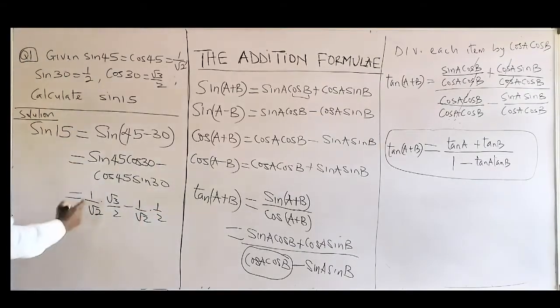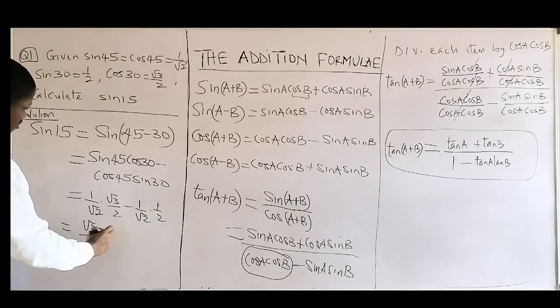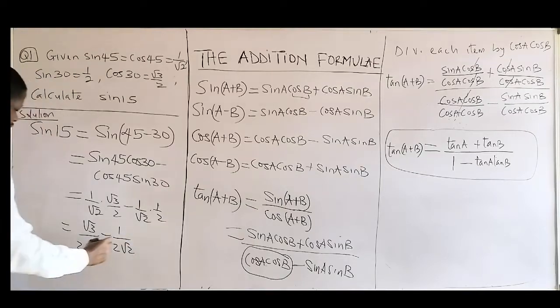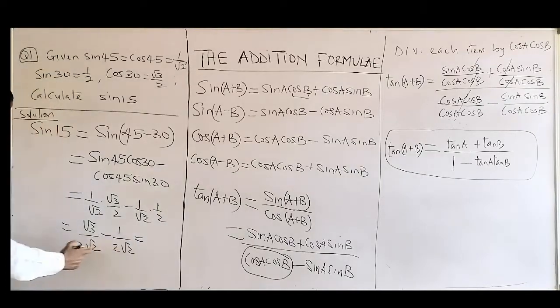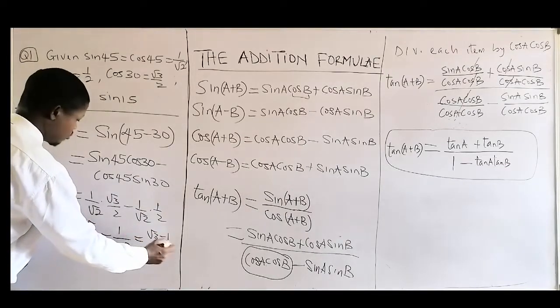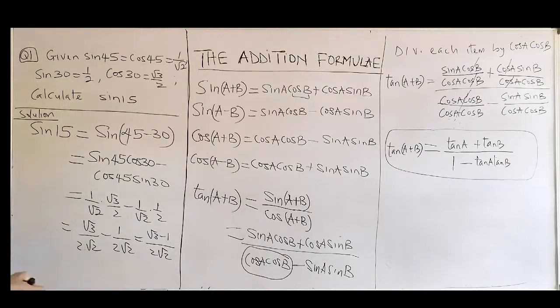So if you do this, 1 times this, that's root 3 over 2 root 2, and 1 times 1 here, minus 1 over 2 root 2. Once the denominator is the same, just subtract the numerators, that's root 3 minus 1 over 2 root 2. So that's that on that question.